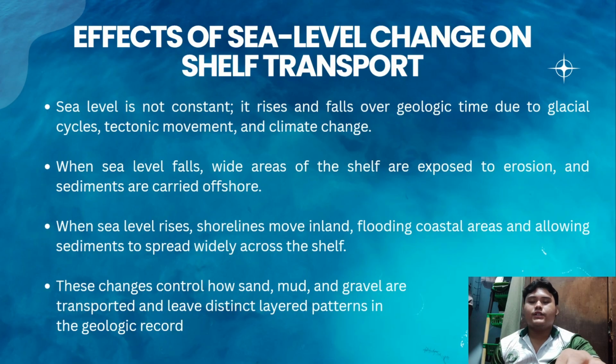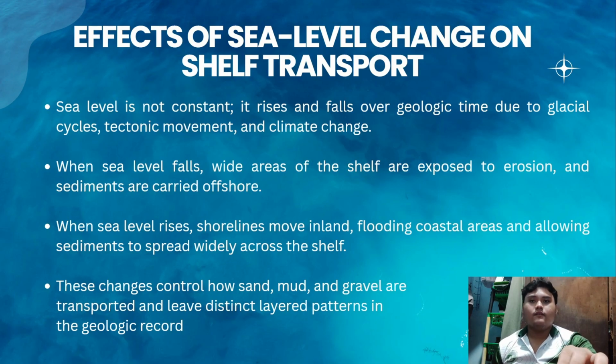According to our research, the sea level is not constant. It rises and falls over geologic time due to glacial cycles, tectonic movements, and climate change. When the sea level falls, widespread areas of the shelf are exposed to erosion, and the sediments are carried offshore.